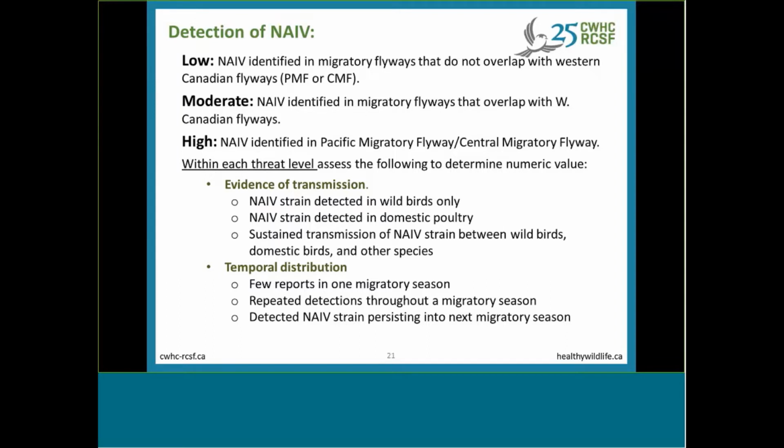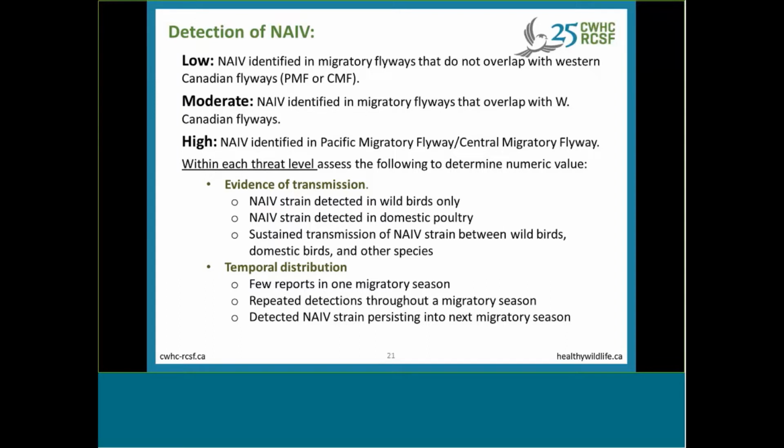And then within each of those threat levels, we assess the following to determine the numeric value: evidence of transmission, using the same definitions as before, and temporal distribution. For example, the identification of the H7N9 in Asia would be a moderate threat level because it overlaps the Pacific Flyway, say for British Columbia.